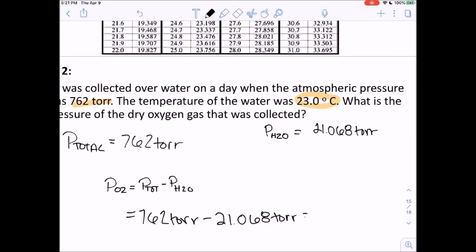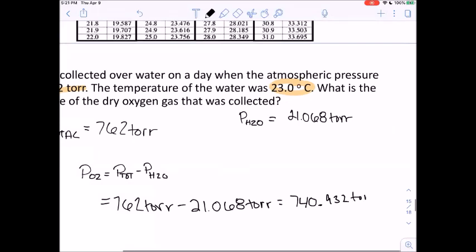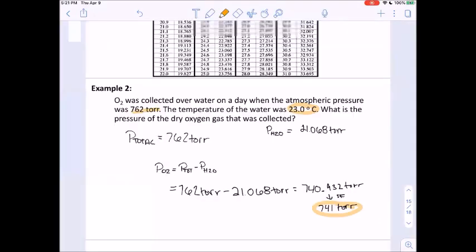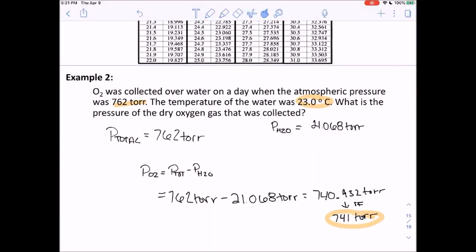Now when you plug that into your calculator and you solve, you wind up with 740.932 torr, which if you're using appropriate significant digits, comes out to 741 torr. So that's your final answer right there. So that's just another example problem on how to do these problems when you're talking about collection over water.